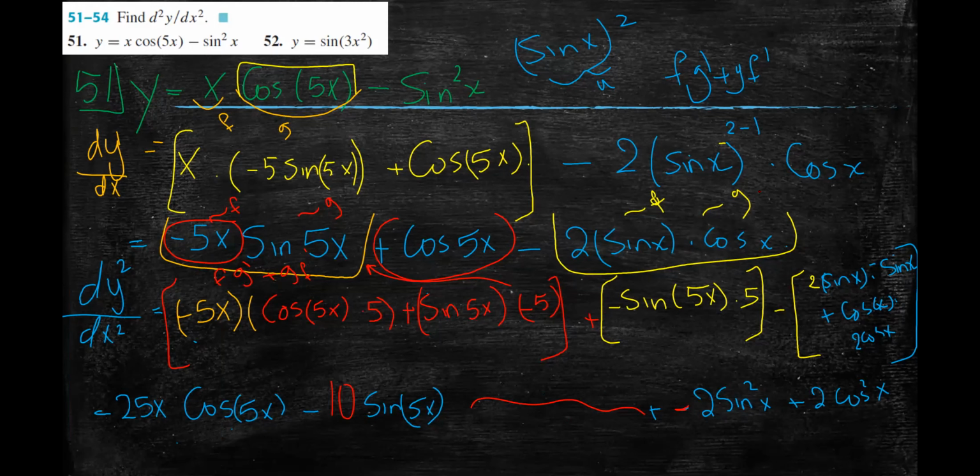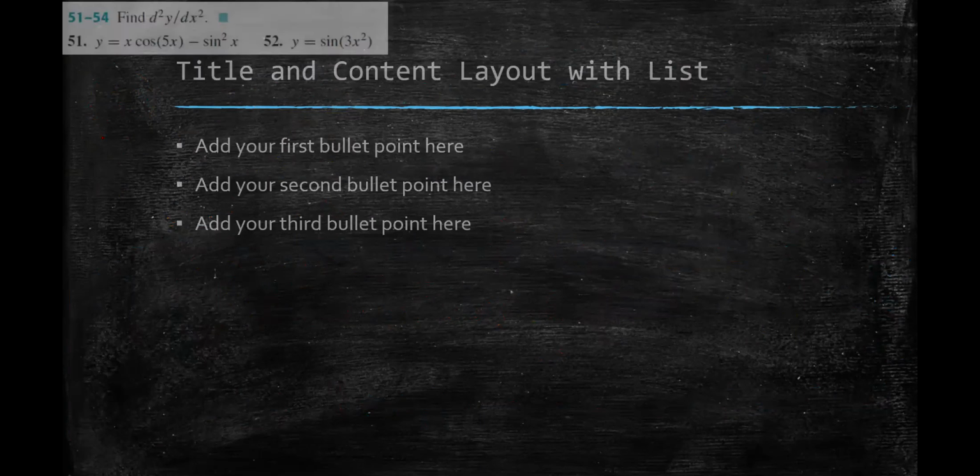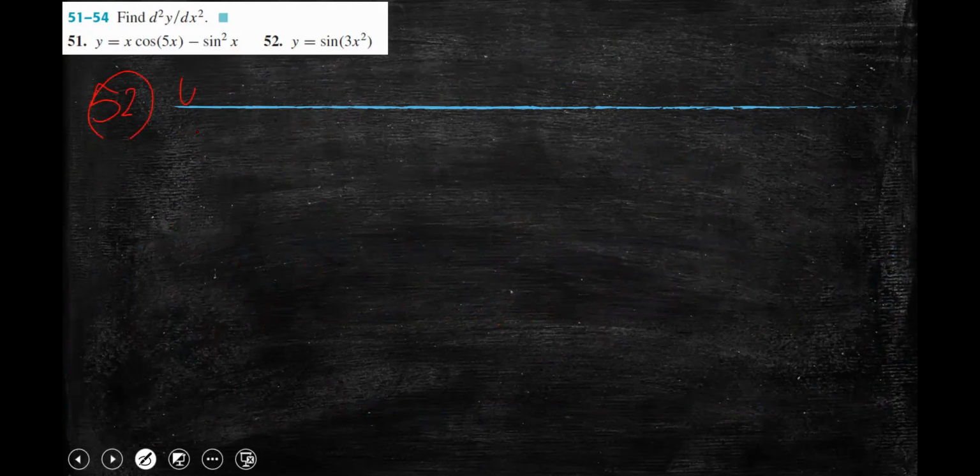Let's do now number 52. On number 52 here, y equals sine 3x squared. Let's find now the first and the second derivative.